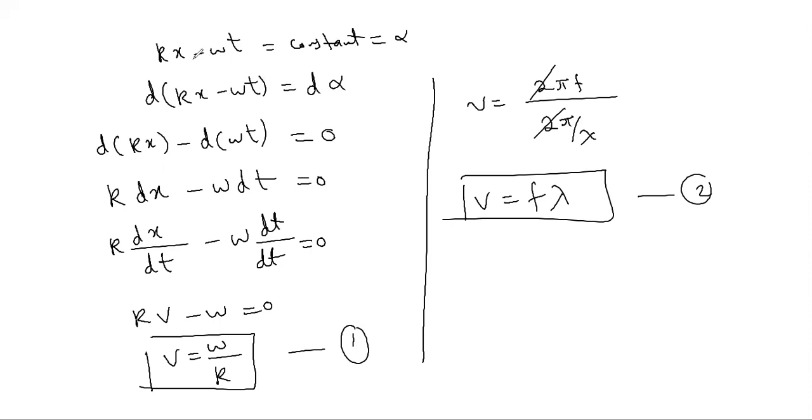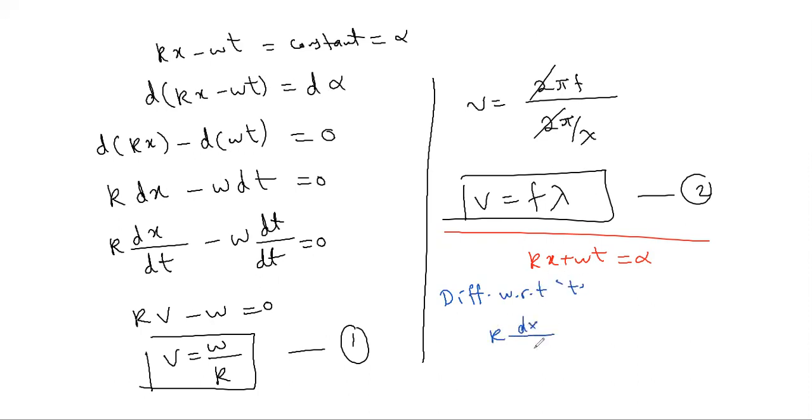You can see that if I put a negative sign here, I'll get a positive v. But what if I start from this argument, kx plus omega t equals alpha? Just take its derivative again, differentiating with respect to t. This will be k dx over dt plus omega is equal to 0.